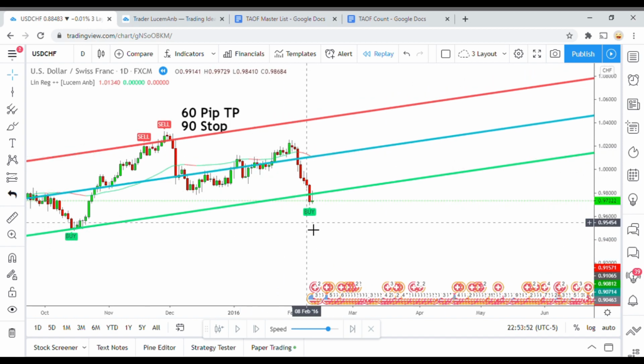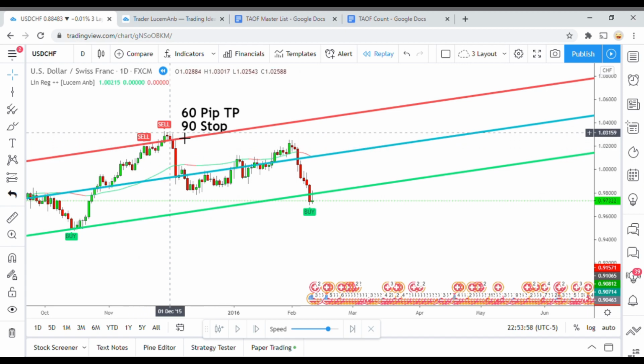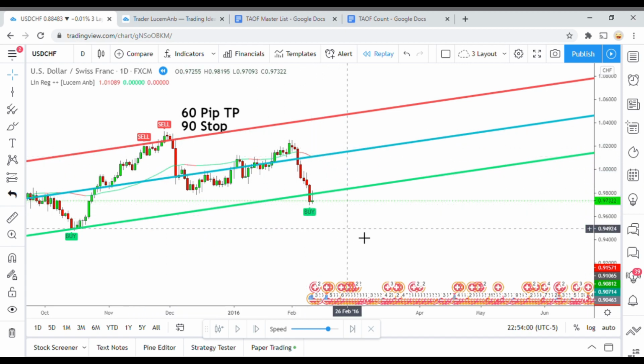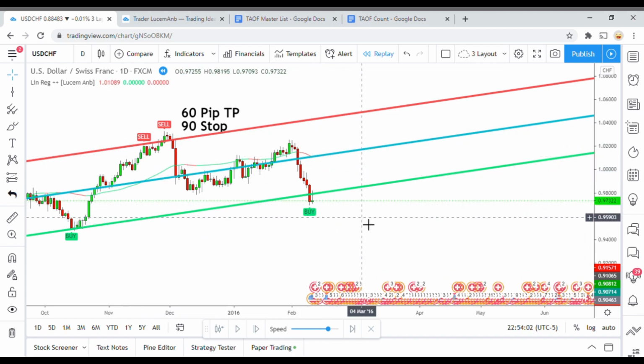Now, that does pose a little bit of an issue, because that means this is a reversal indicator by its very nature. It's not necessarily a trend indicator.